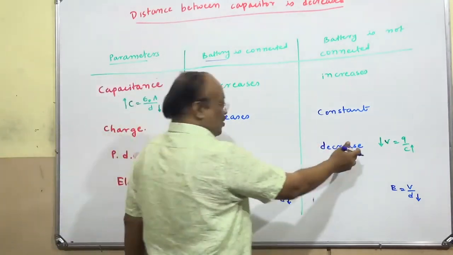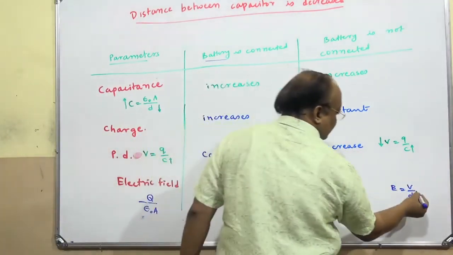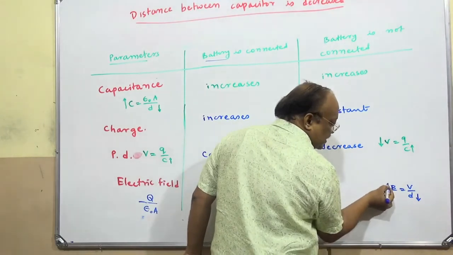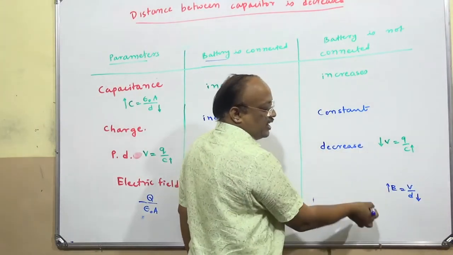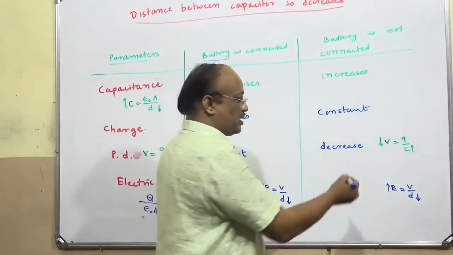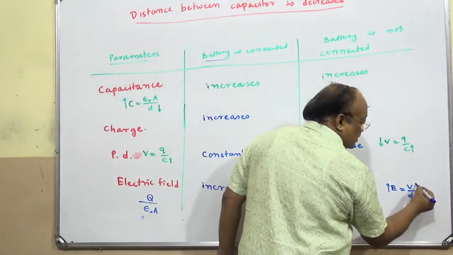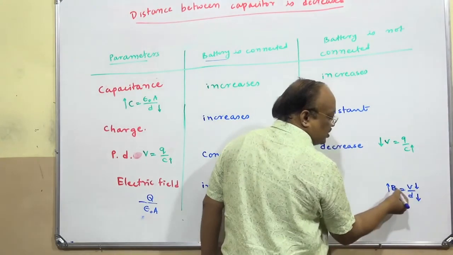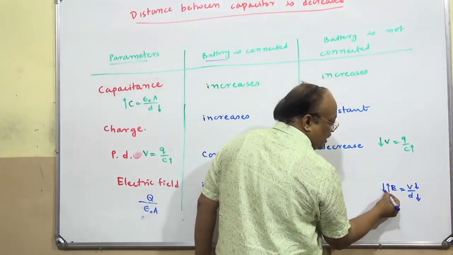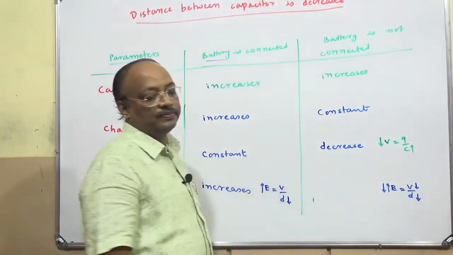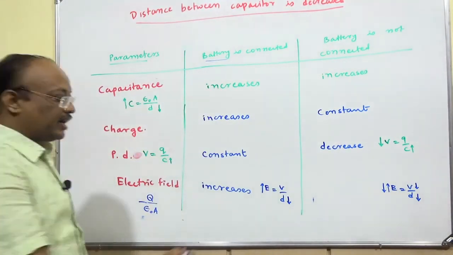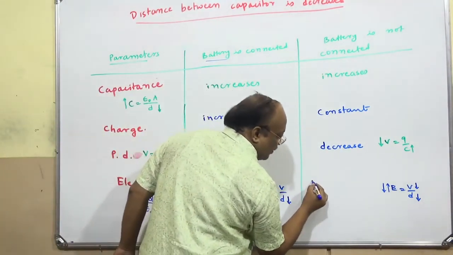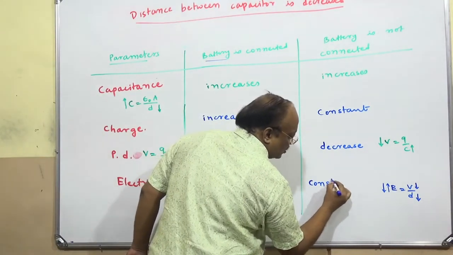But since the potential difference is decreasing, and these two are directly proportional, it decreases, so that the electric field remains constant.